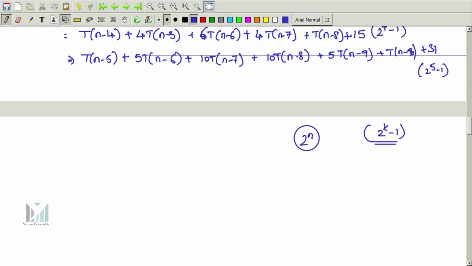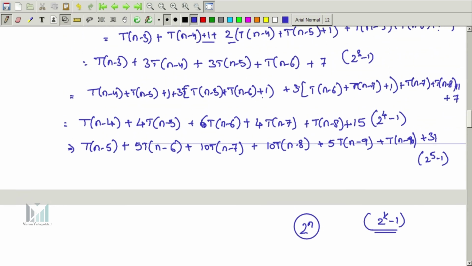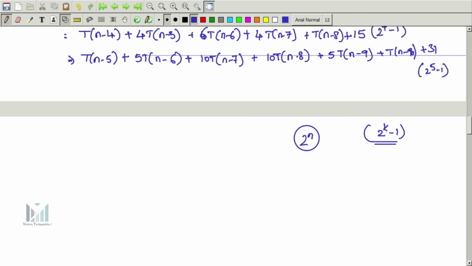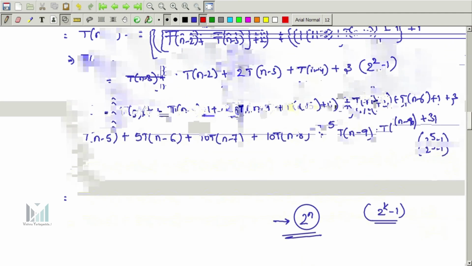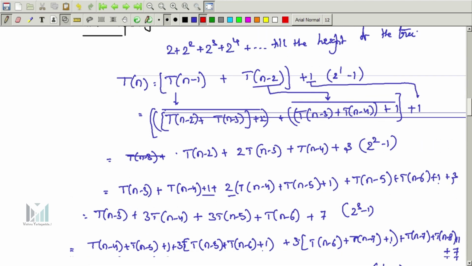The time complexity of Fibonacci series is equal to 2 power n. So if n value is given, then it needs 2 power n operations to perform. We can observe the same Pascal triangle here.